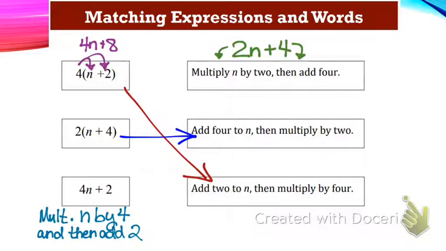In that case, I would still be adding the 2 to the n and then multiplying the whole thing by 4. This is just the sum form instead of the product form. Do you guys remember yesterday with the dot paper? These are equivalent, so I could match this card with this card. They would go together.